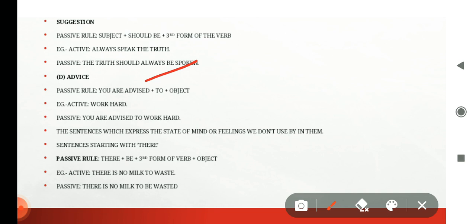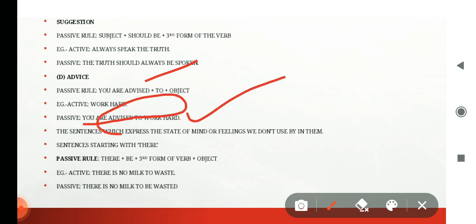If you know about imperative sentences, then you can quickly convert the advice into passive voice by the simple rule written here. You are advised. It means तुम्हें एक advice दिया गया है, तुम्हें एक सलाह दिया गया है. क्या सलाह दिया गया है? You are advised to work hard. तुम्हें advice किया जाता है कि तुम कड़ी मेहनत करो.